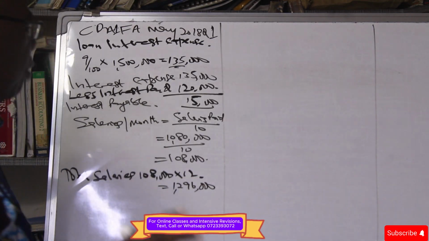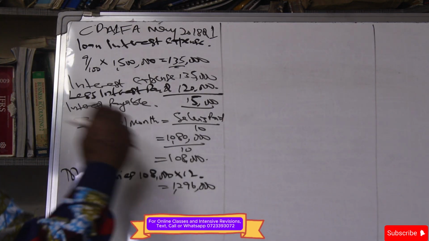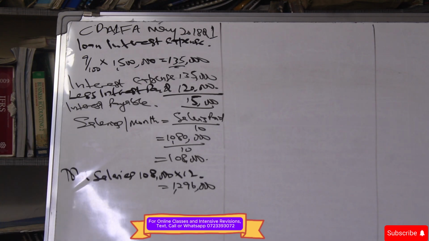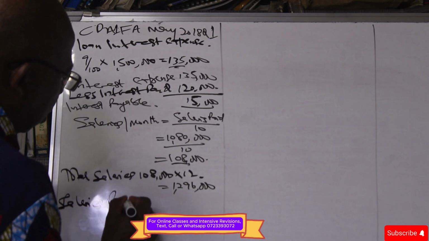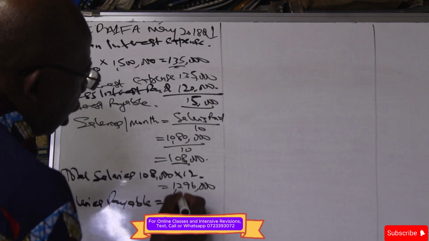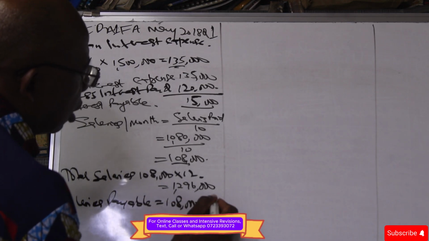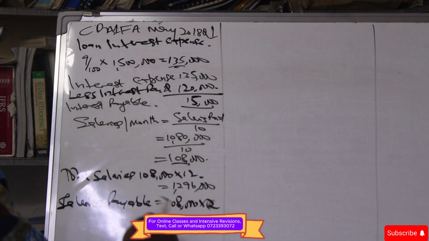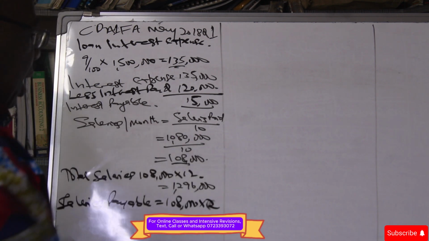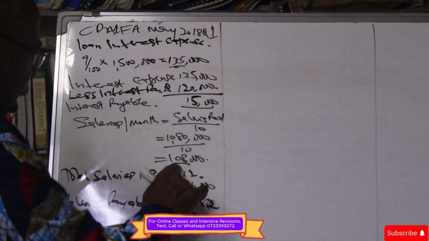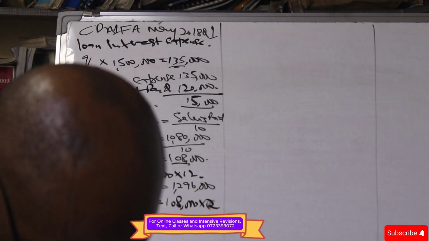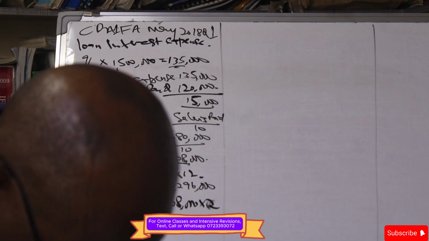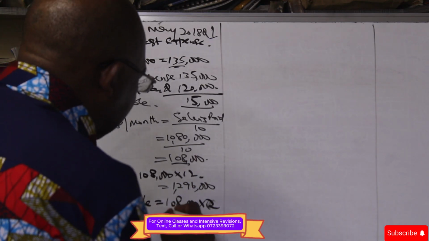But we have only paid for 10 months, which is 1,080,000, and therefore for 2 months we have not paid. We know the monthly salary is 108,000. So salaries payable is 108,000 times 2, because 1,080,000 is what was paid for 10 months and the remaining 2 months are unpaid. That gives a figure of 216,000.